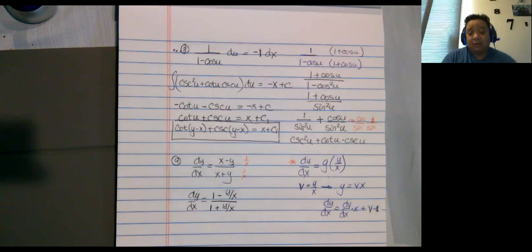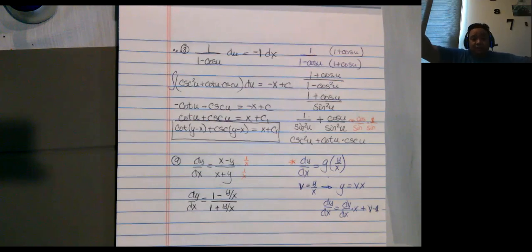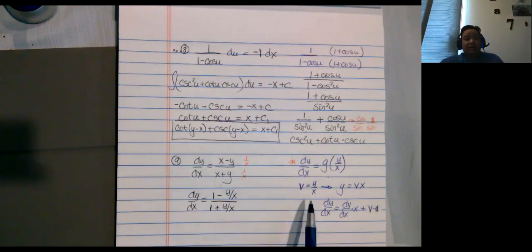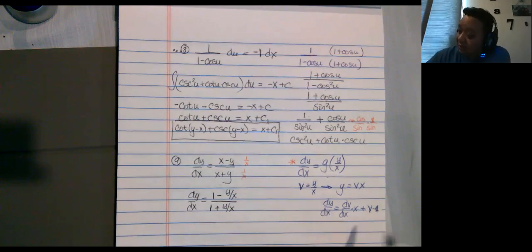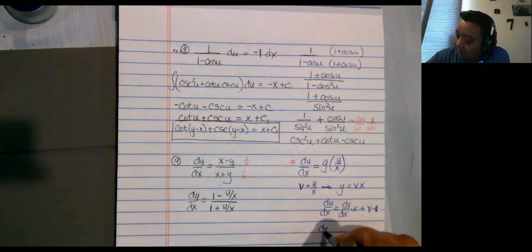Okay. Now note, unlike your linear substitution, which changes depending on your linear expression, this one is not. It's always y over x, which means dy dx is fixed, right? So here, dy dx is equal to x dv dx plus v.